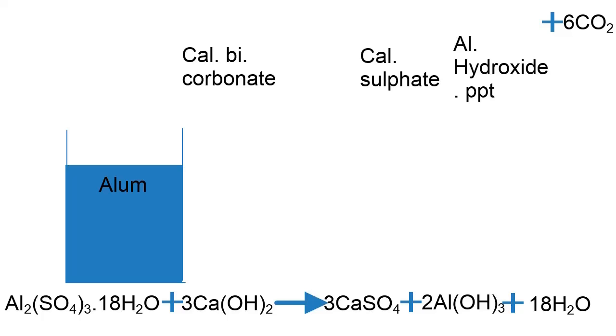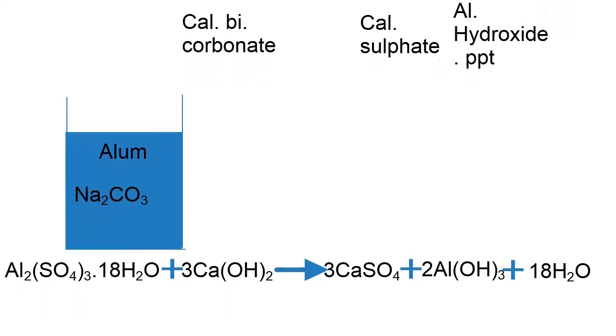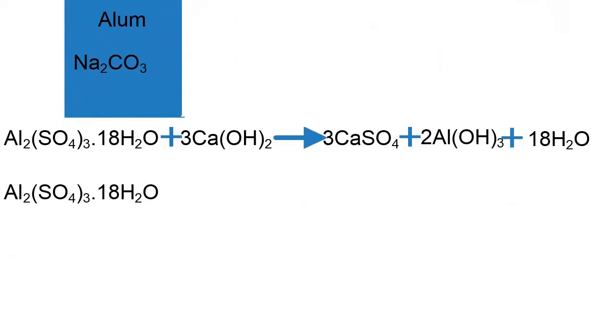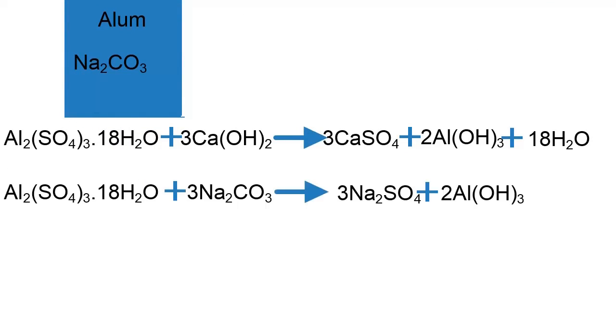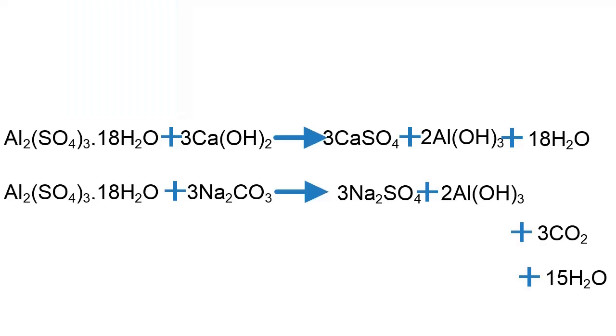The third question is, if that is also not present in the water, then it may contain sodium carbonate, Na2CO3. Then the reaction goes like this. Alum plus 3 parts of sodium carbonate produces 3 parts of sodium sulfate and 2Al(OH)3, 3CO2 and 15H2O.